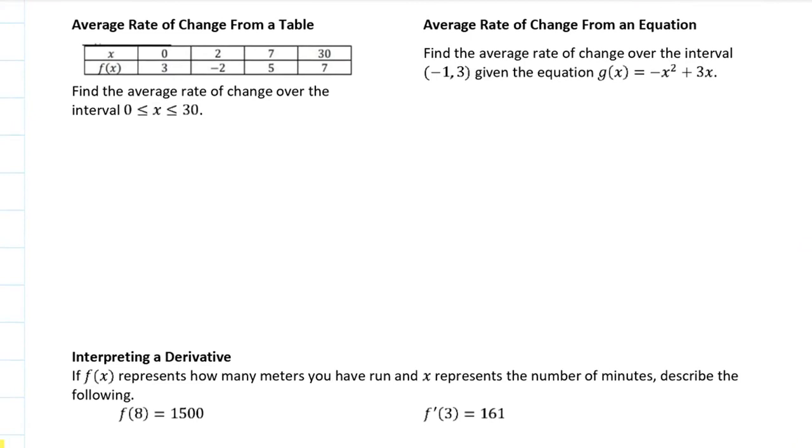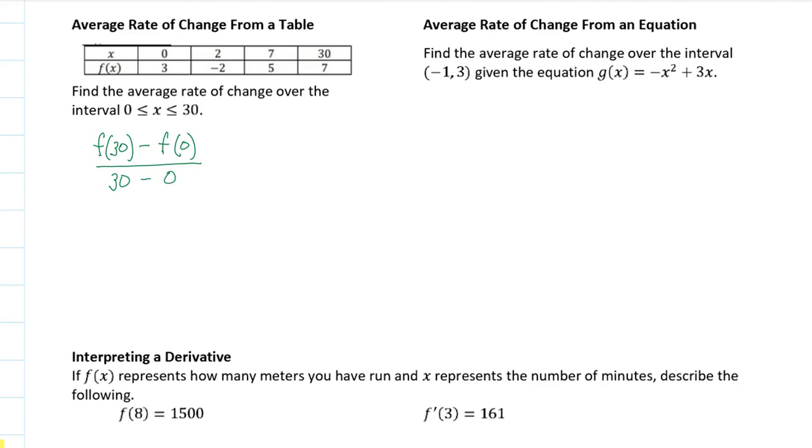So if I want to find the average rate of change over the interval 0 to 30 using this t-table, I'm going to do exactly what you've been doing for years and years since Algebra 1. We're going to do the y2 minus y1, but I'm going to write it a little bit differently. I'm going to call it f of 30 minus f of 0, that's my y2 minus y1, over x2, which is 30, minus 0.